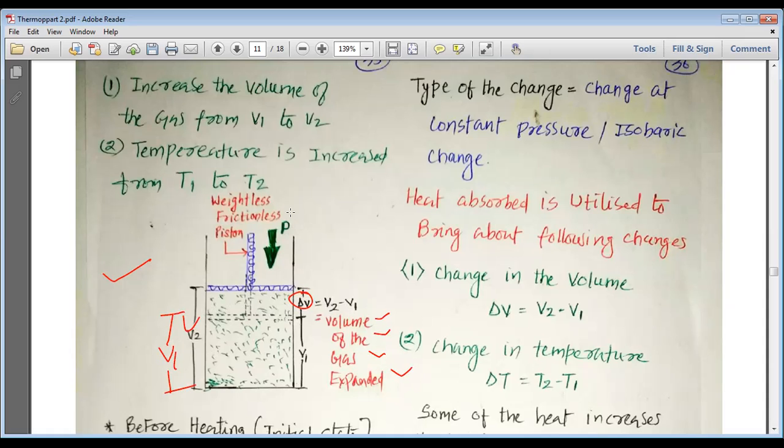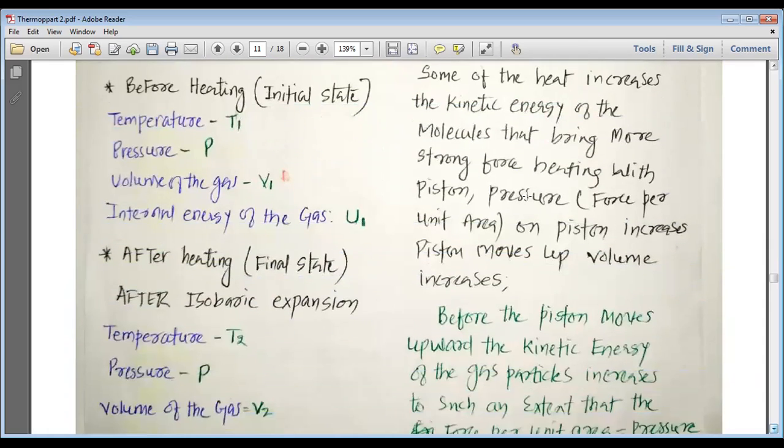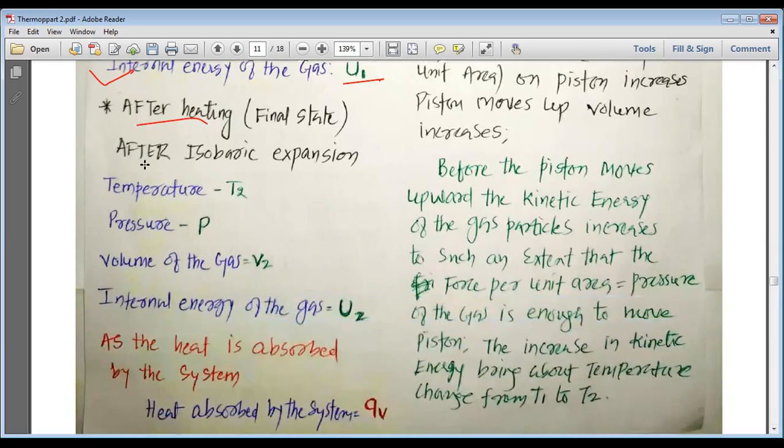So this is the volume of the gas, or the gas expanded. And still the outside pressure P has been kept constant. That means the change we have brought about is at constant pressure. Before heating, in the initial state, the temperature was T1, pressure P1, volume V1 and internal energy U1. After heating, you can see that the temperature is T2, pressure P, volume V2 and internal energy is U2.